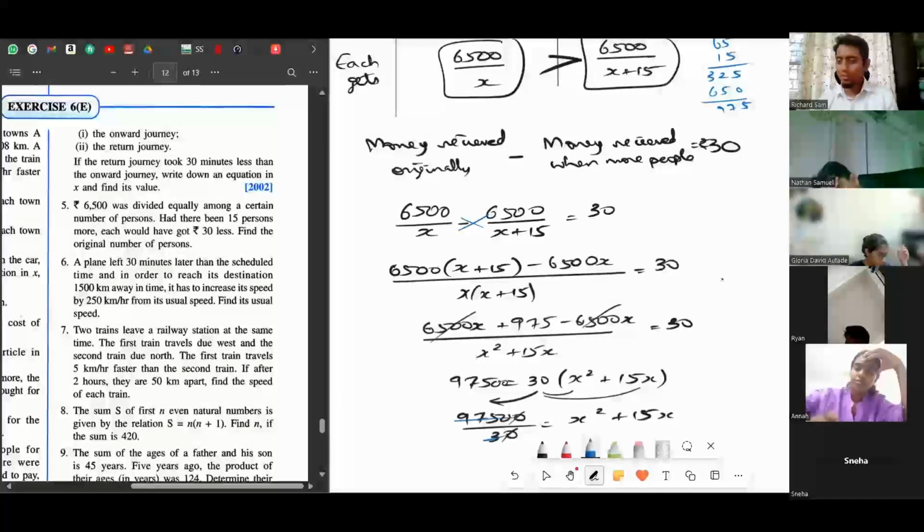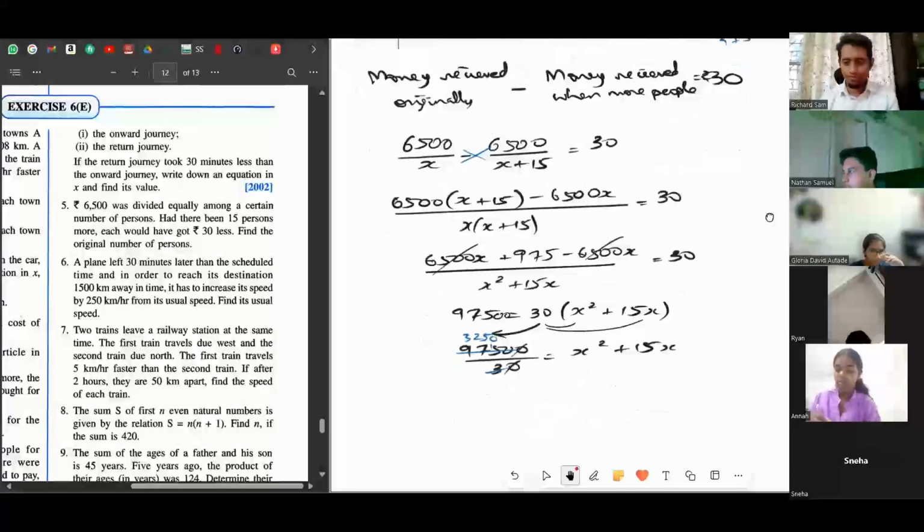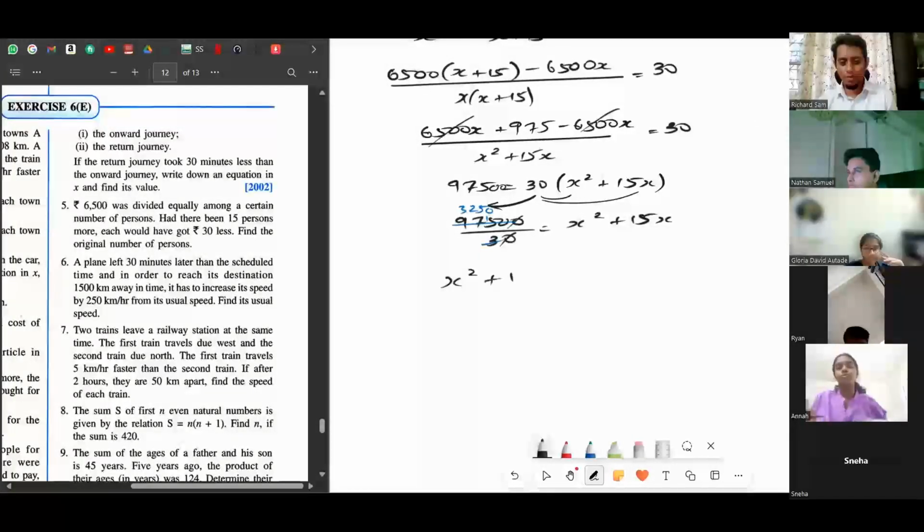That's shorter, instead of multiplying and then dividing again. 3 threes are 9, 3 twos are 6, carry 1, 3 fives are 15, and 1 0. So that is x square plus 15x minus 3250 is equal to 0.